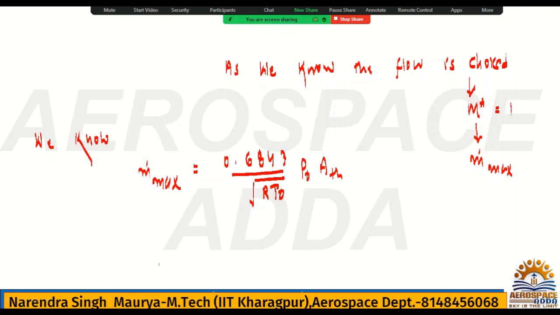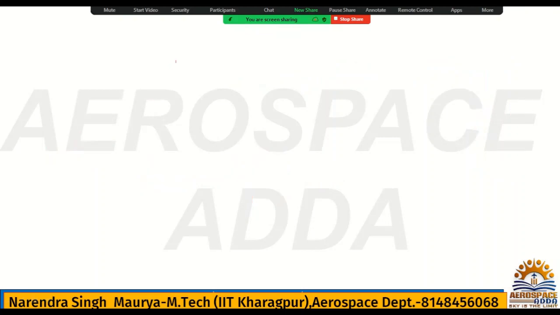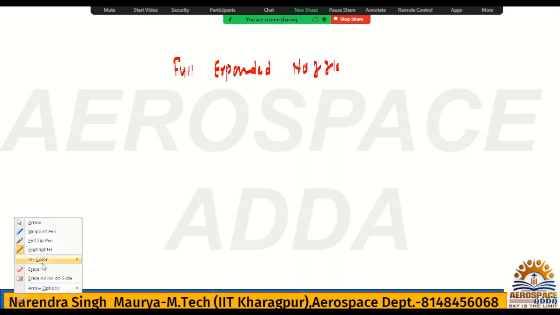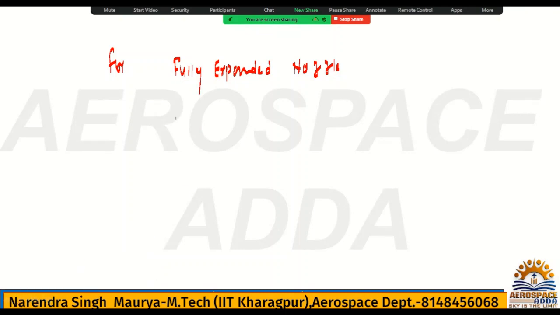How can you get this? Because the nozzle is fully expanded. For a fully expanded nozzle, the thrust will be mass flow rate into exit velocity, and that pressure term will not be here because it is fully expanded, so this value will be 0.